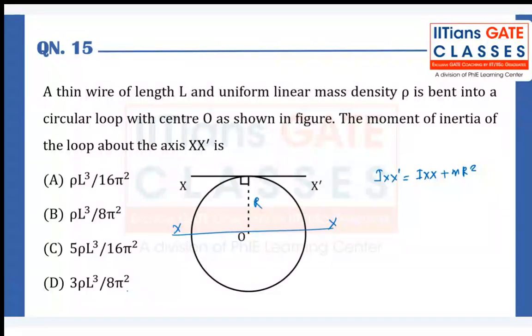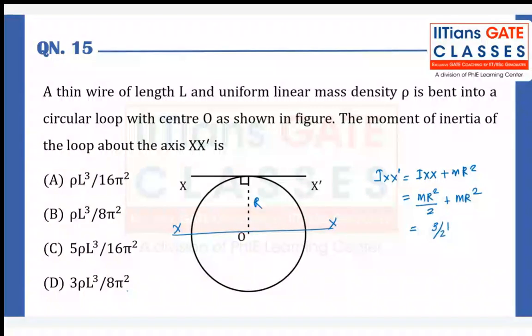This is the R. Now we know that this circular loop will have the moment of inertia mr square by 2. However, on top of that, we have to add this mr square.